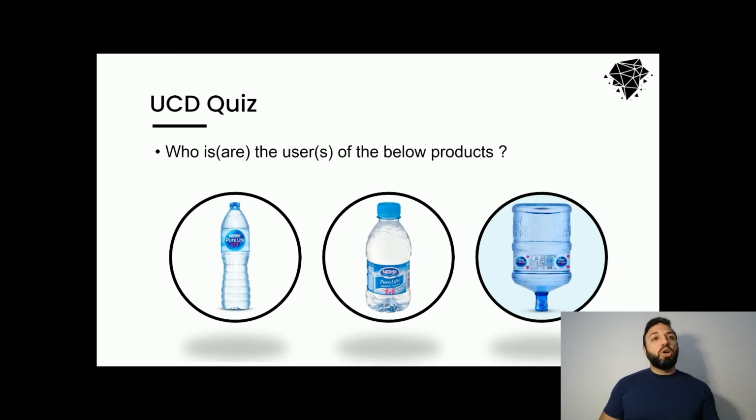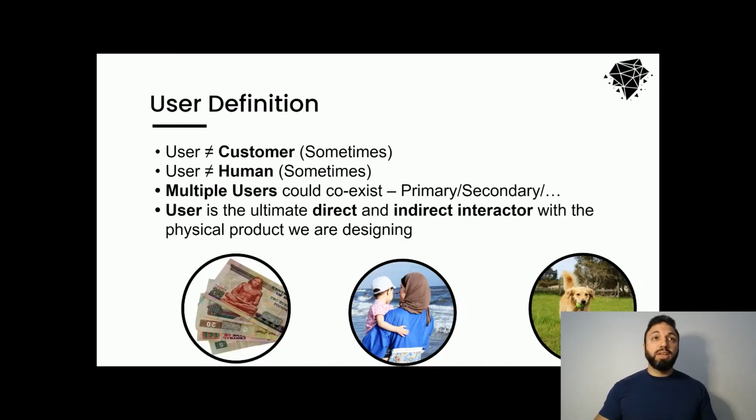Okay, so I'm gonna give you 10 seconds now to think who are the possible users of the below products. Again, remind yourself, the user is not always the customer. The user does not necessarily need to be human. There could be multiple users that coexist, and the user could be a direct and an indirect interactor with the physical object.